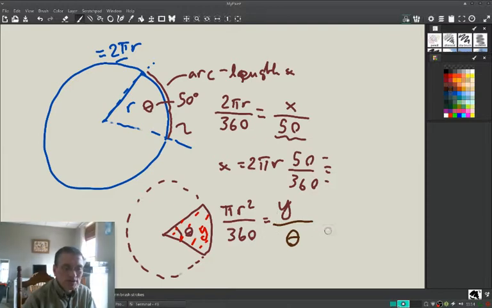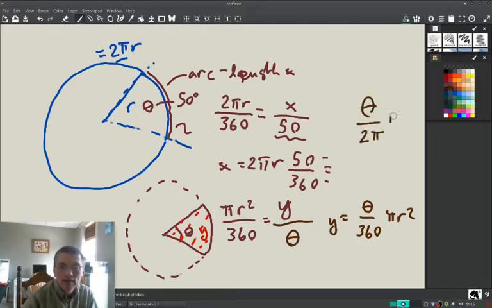So it's a fraction of that, or we can just write y equals theta over 360 pi r squared. If we're dealing with radians, we don't use 360. We would use theta over 2 pi times pi r squared. And similarly for the arc, it would be theta over 2 pi times 2 pi r.